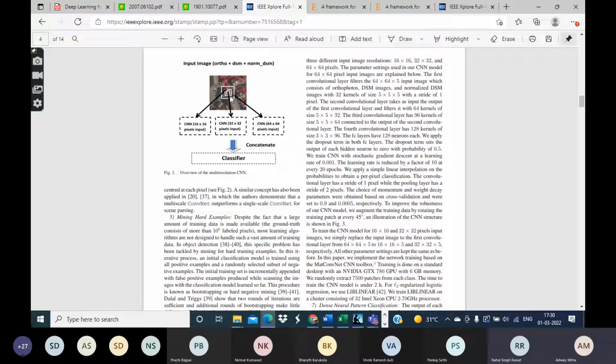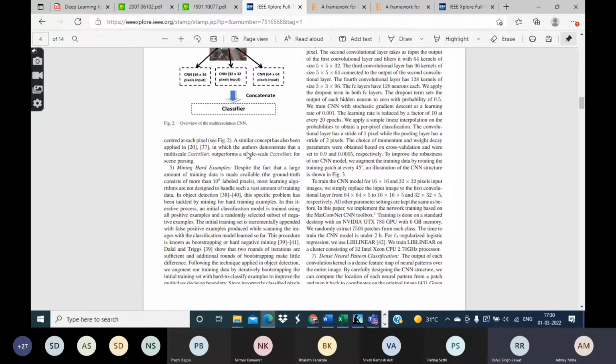For any particular pixel, they get different feature values from the different feature maps, and those feature values are all concatenated and fed to a classifier.